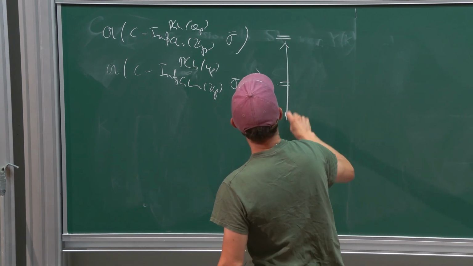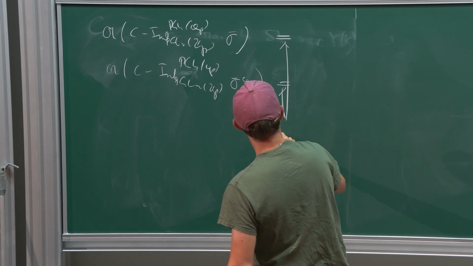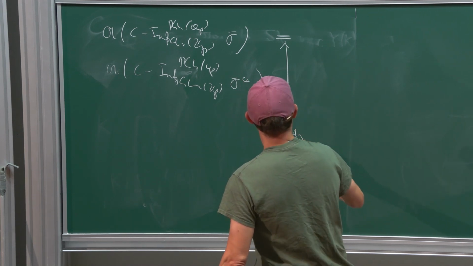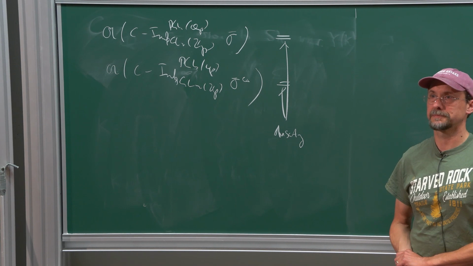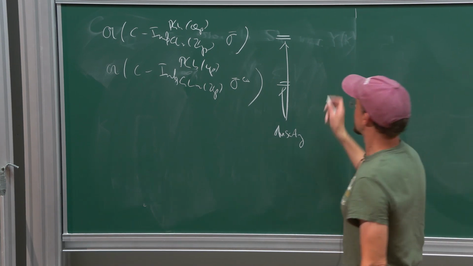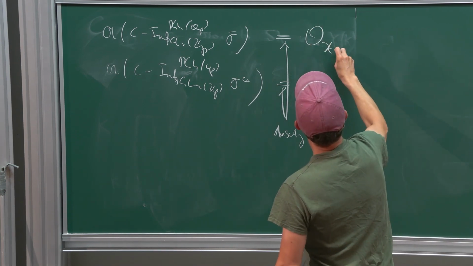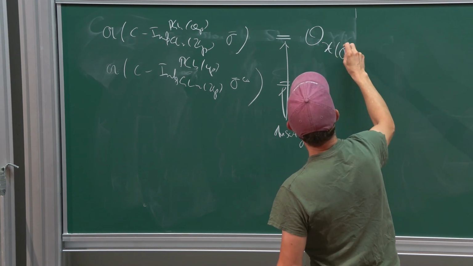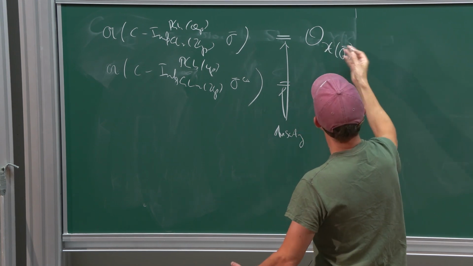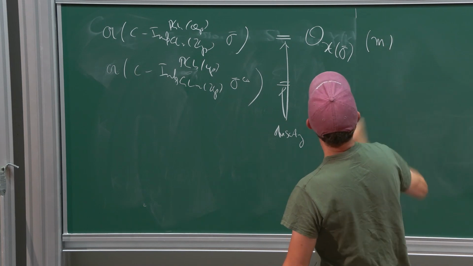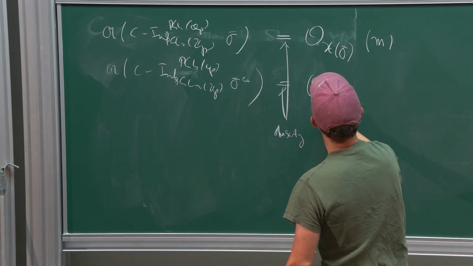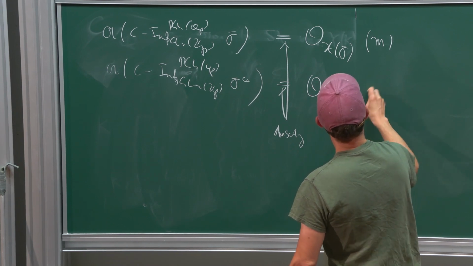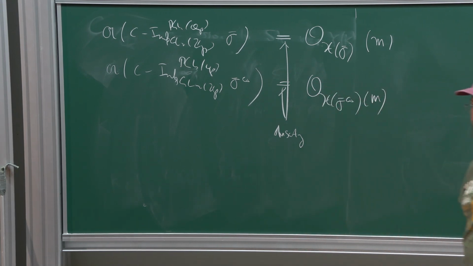So here's the ansatz: we're going to assume that the formula doesn't depend on the weight. So this is going to be something on X sigma bar, the structure sheaf with some twist that I'll call M, and I'm going to assume that whatever twist you have is independent of the weight.